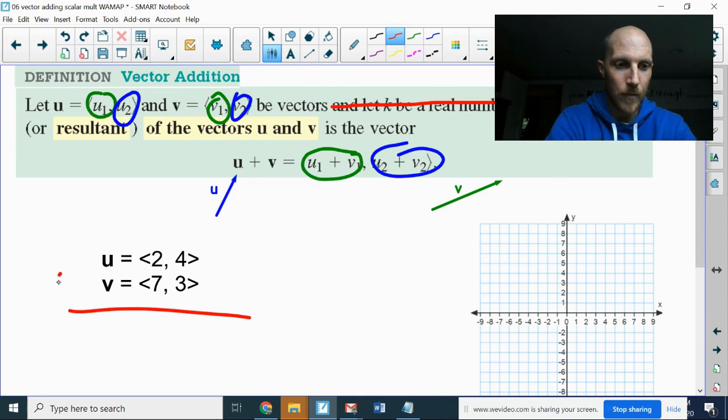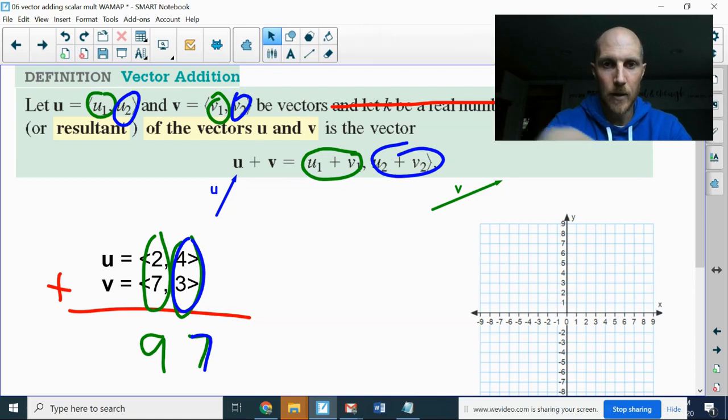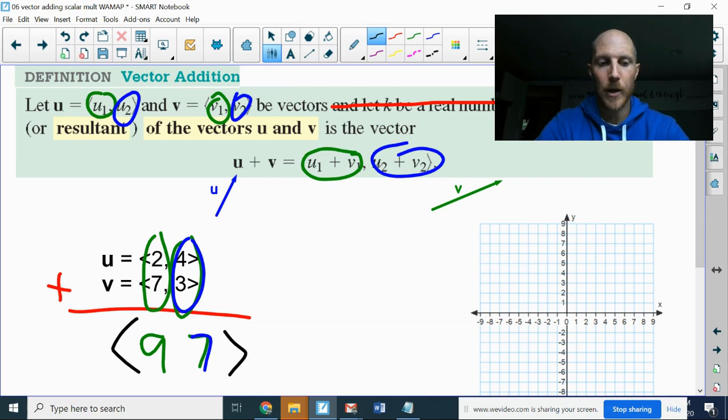It makes it work neater for me. So I'm going to add the 2 plus the 7 together. That's going to be 9. And I'm going to add the 4 plus 3 together. That is 7. And since that is still a vector, I'm going to need my pointy brackets and a comma.